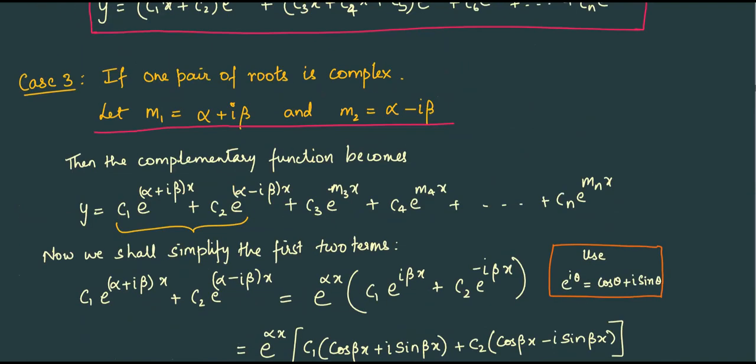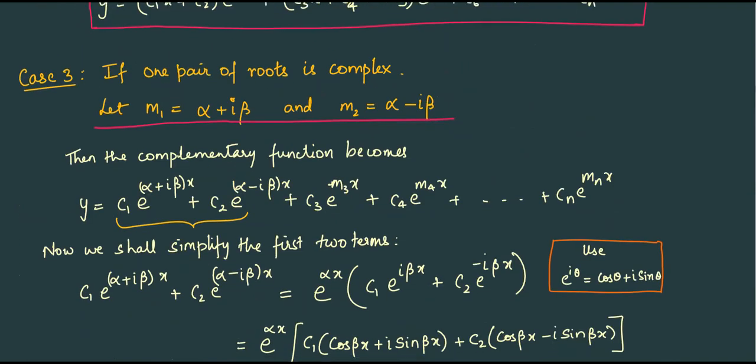Now next is the case of complex roots. Suppose two roots are complex. Complex roots always occur in conjugate pairs if the coefficients of the polynomial equation are real.